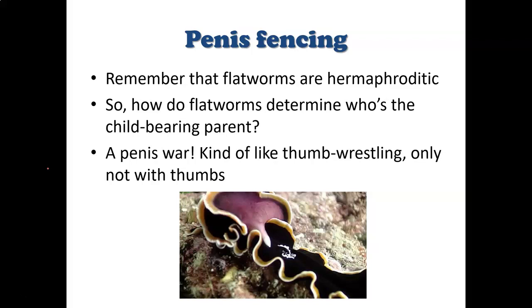But in the case of the turbellid flatworms, they will engage in a behavior called penis fencing. When the two flatworms come together, they will both want to be the male, and they will whip out their penises and try to inseminate the other without getting inseminated themselves. Right? This is a behavior called penis fencing, and that is the real term. I did not make that up.